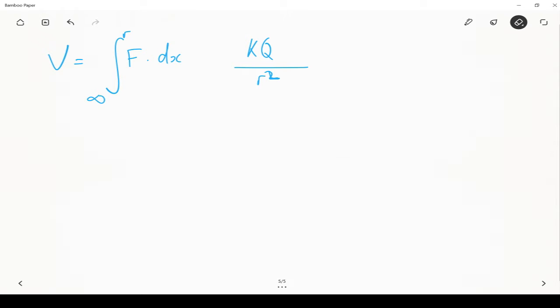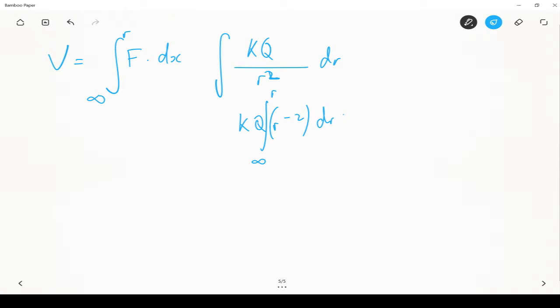Now, if we look to integrate it with respect to R, integrate it dr. What you're left with is KQ R to the minus 2, these are constants, so let's integrate with respect to R between infinity and R, and we have KQ R to the minus 1, divided by minus 1.